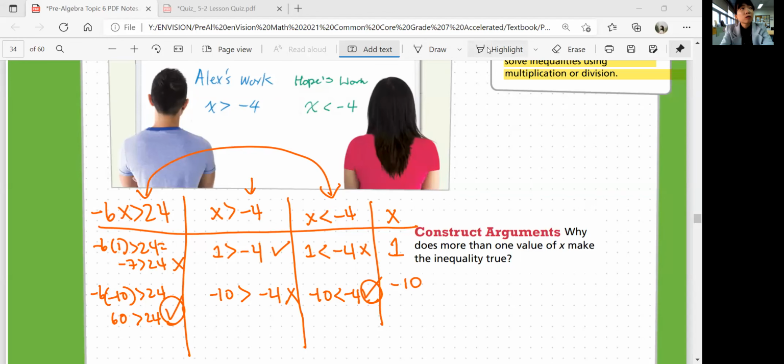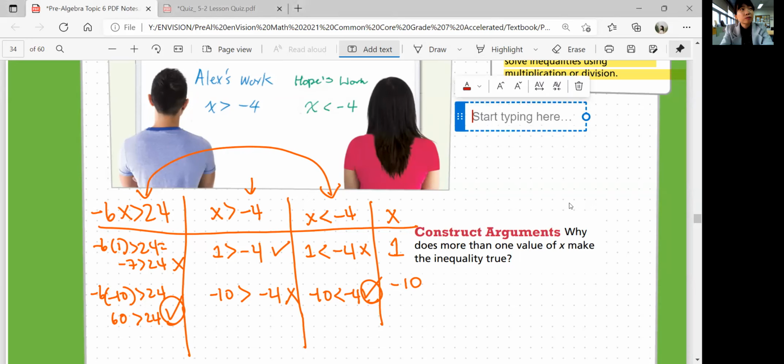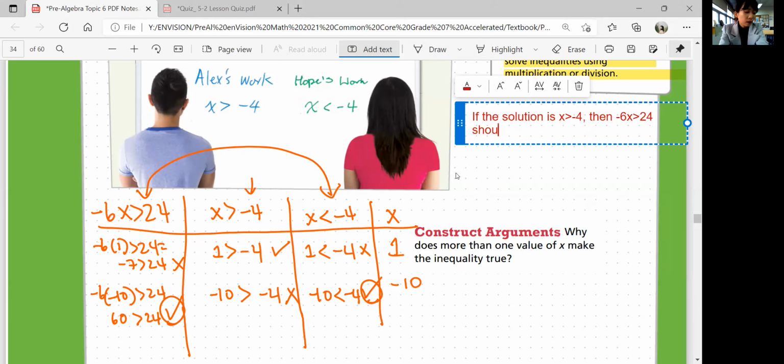Okay, so let's say the solution is x greater than -4. Then -6x greater than 24, the original inequality, should be true for any value of x greater than -4.